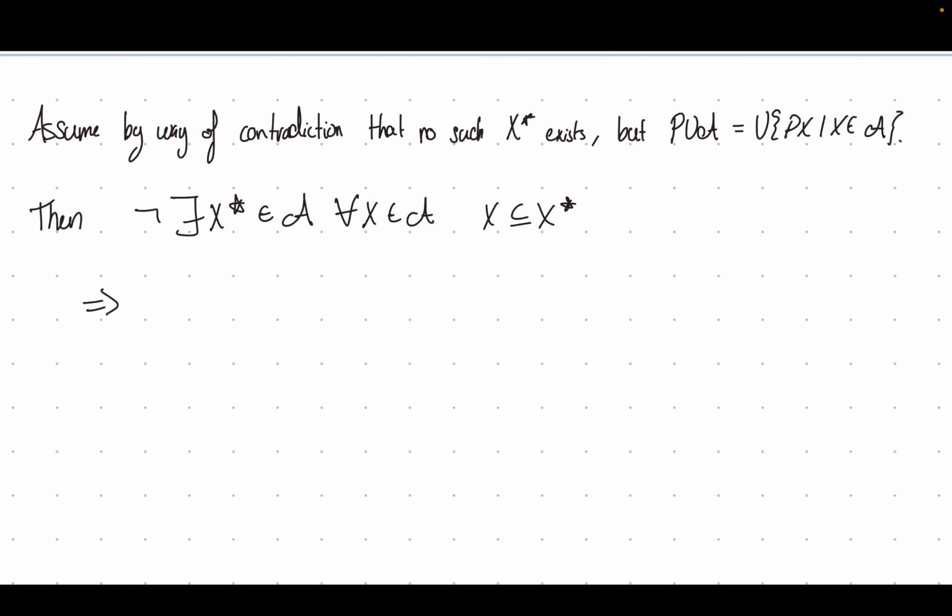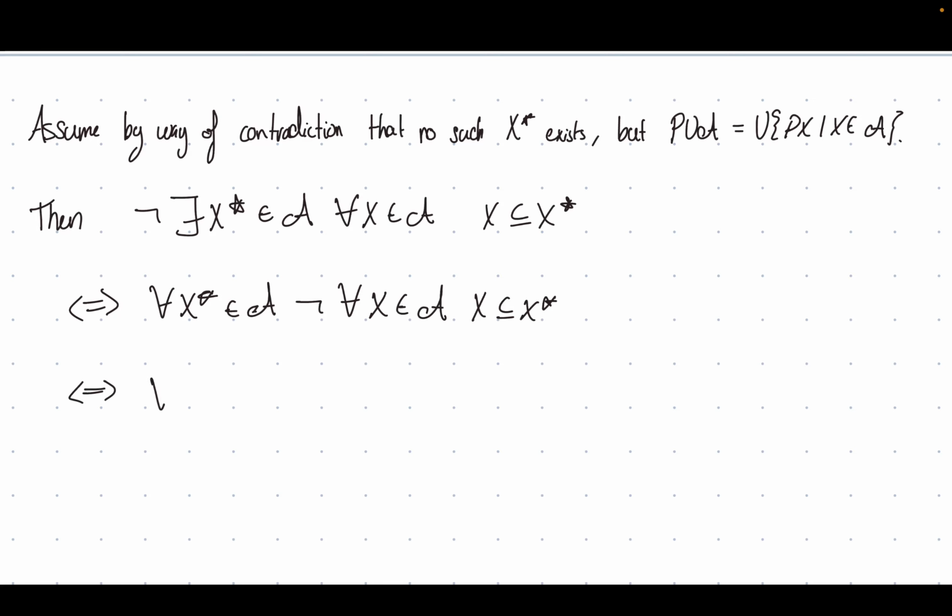You can rewrite this equivalently as: for all x star in script A, it is not the case that for all x in script A, x is a subset of x star.